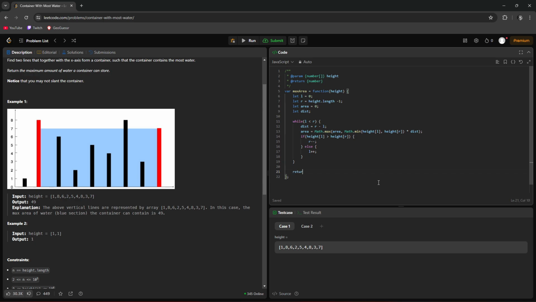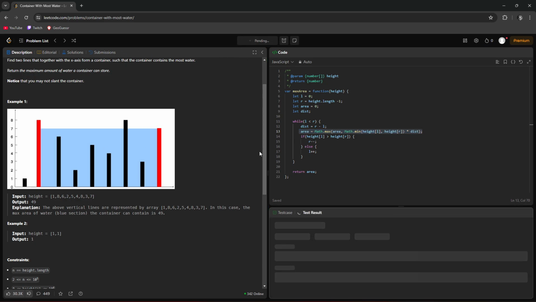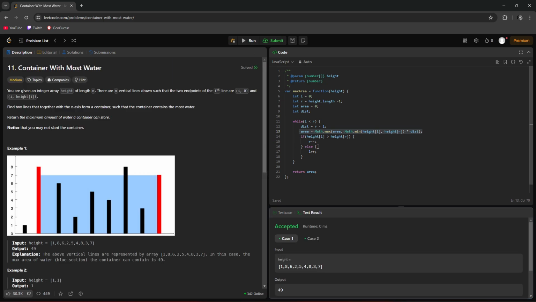And this way we return the area that was the maximum. So we check all the areas efficiently, and we have a max. We have the max saved. And we can submit that.